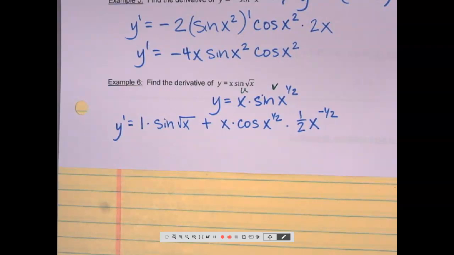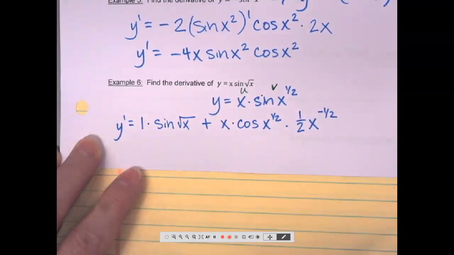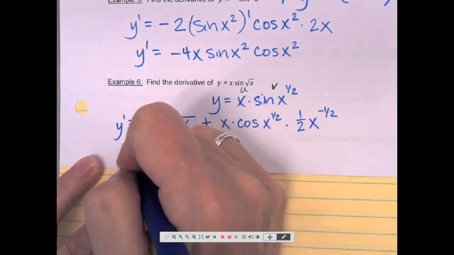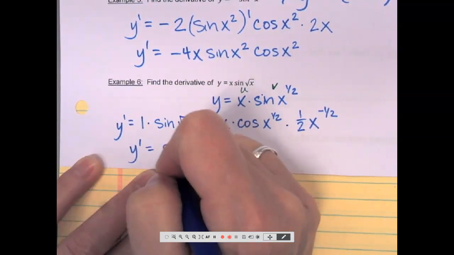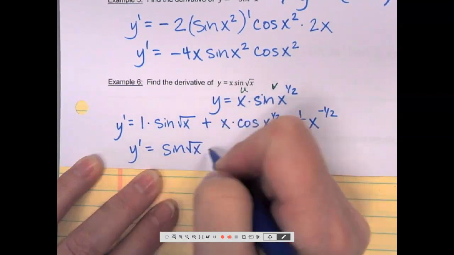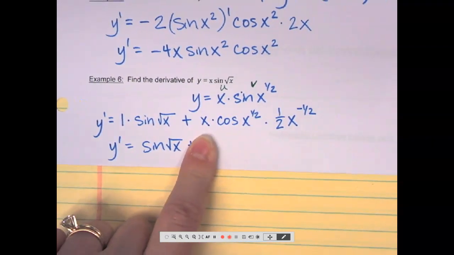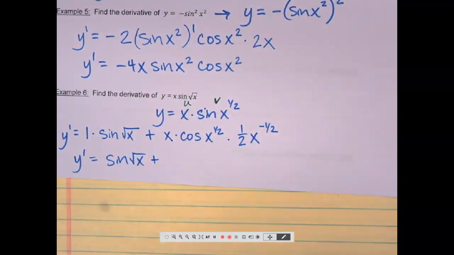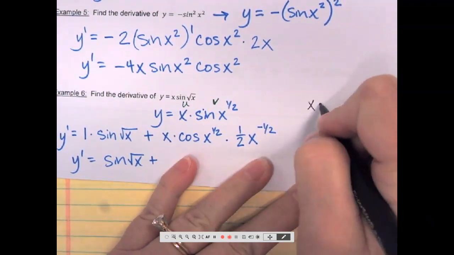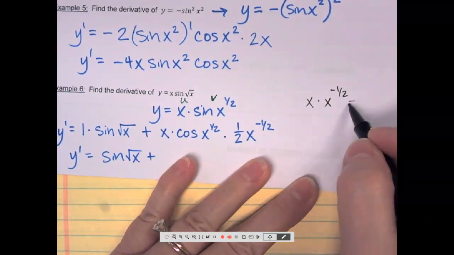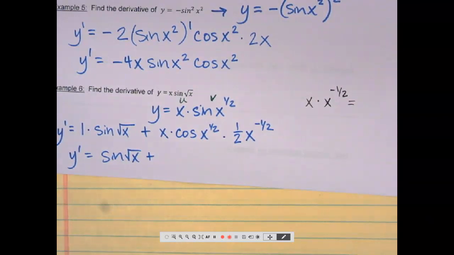You can probably just get rid of the line. I think I just might move that 1/2 to the front of this, and, ooh, I see one thing. Can I multiply x times x to the negative 1/2? Yeah.